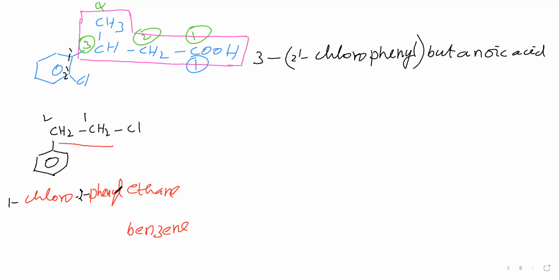If you take this as parent, benzene, then how to say this name, that we'll see. Cl name you say chloro. Here 2 carbons, therefore eth. This is branch, therefore yl. Chloroethylbenzene. Now we will say the position of chlorine.